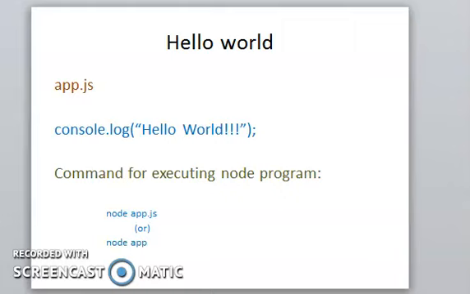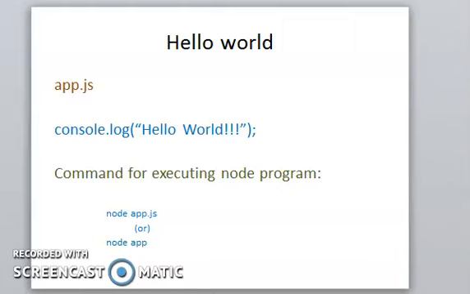App.js is my file name and node is the executing keyword or command. This command gives you the output, displaying hello world on your screen. This is a module, or a normal functionality, for displaying hello world.